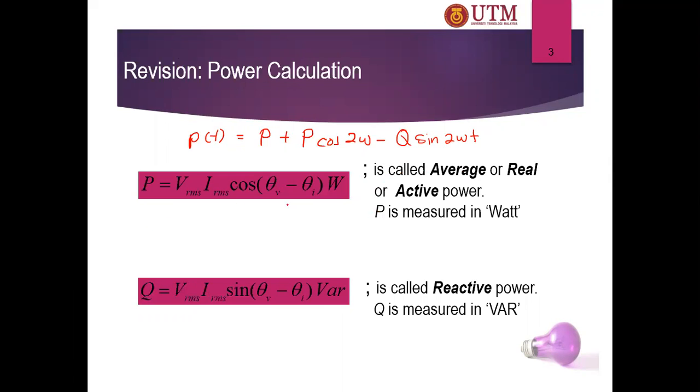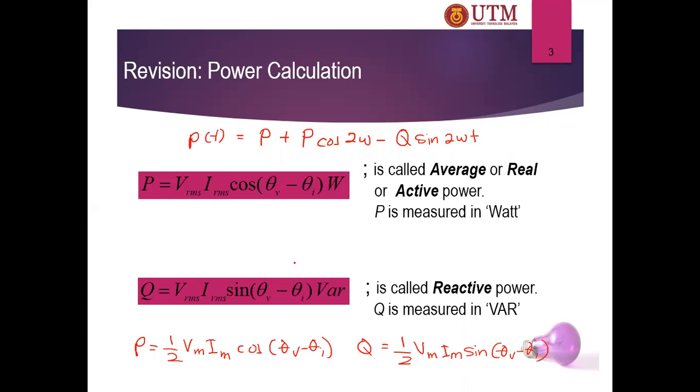Where P can be calculated as equal to 1 over 2 Vm Im cos(theta V minus theta I), while Q is 1 over 2 Vm Im sin(theta V minus theta I).